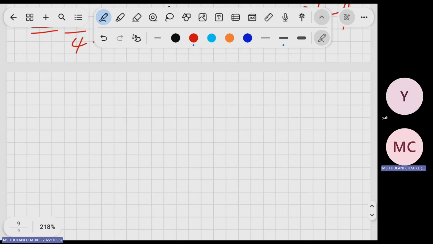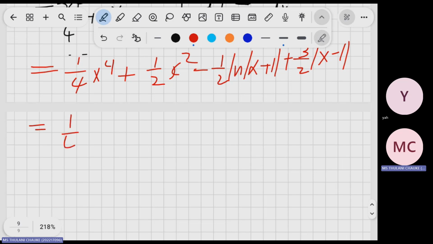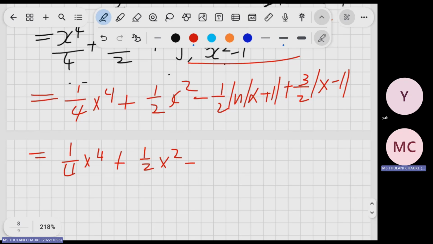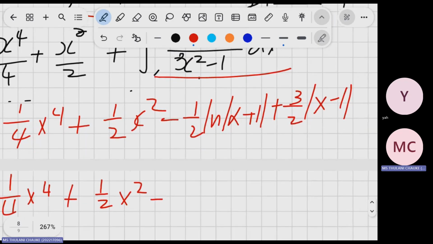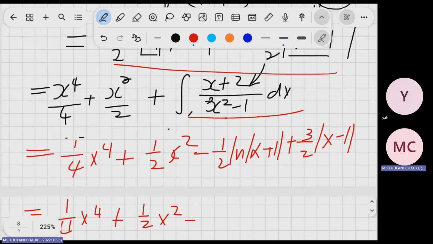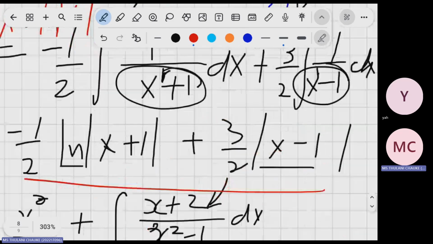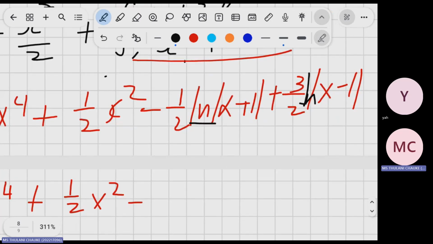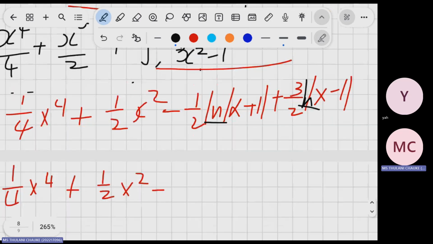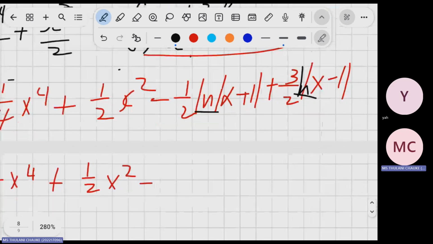And then we open a new page, and this can be simplified to. So remember that if I'm having ln, yeah, I forgot to write ln. If you have ln and ln, I can take out what? That's my common factor, 1 over 2.